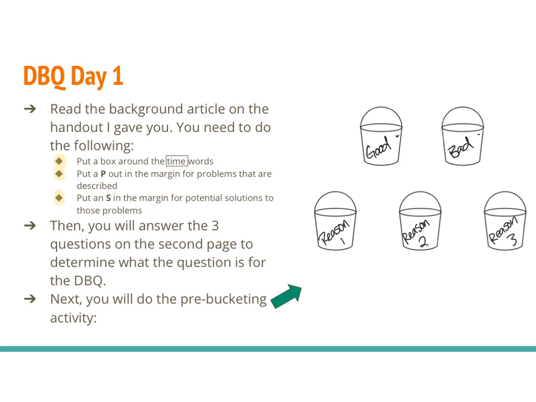So you need 3 different topics while you're reading the documents, okay? That's the big idea here. So this is the pre-bucketing process. This is literally what your bucket should look like. Okay, so I want you to write this inside of those buckets on the pre-bucketing section.